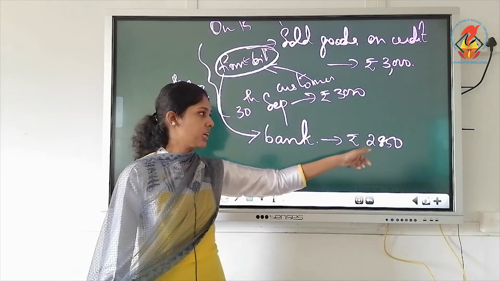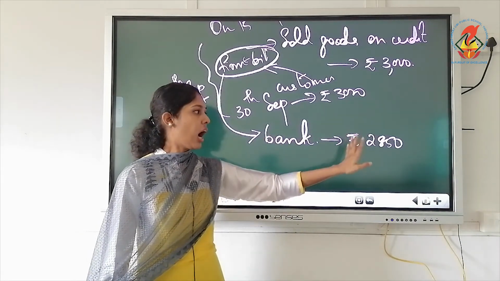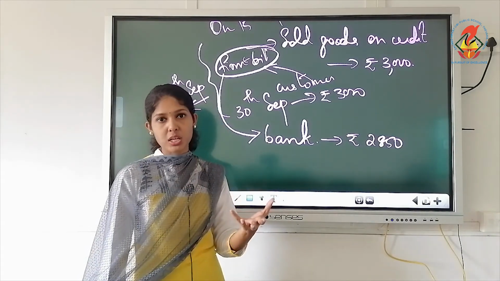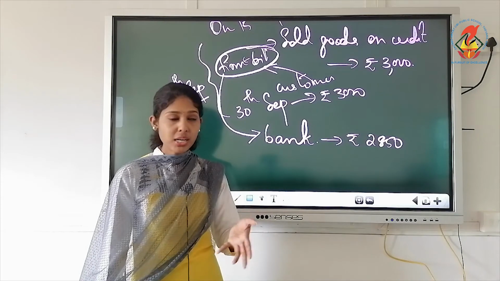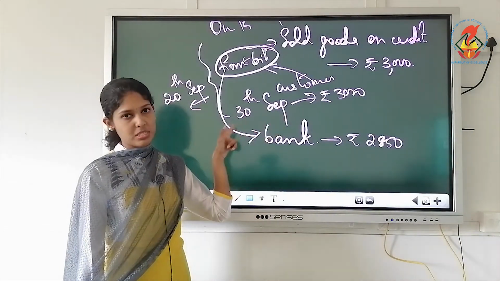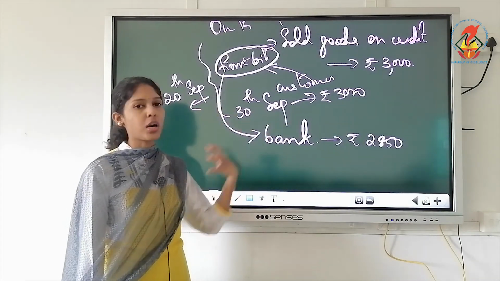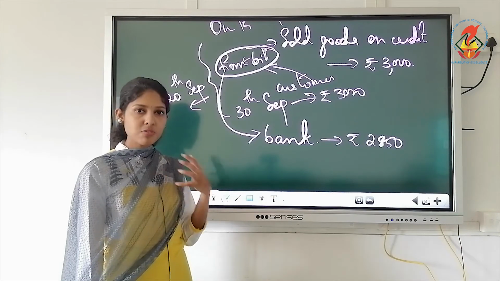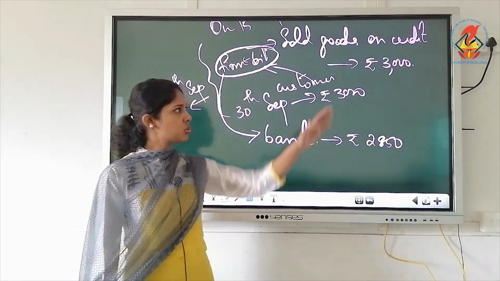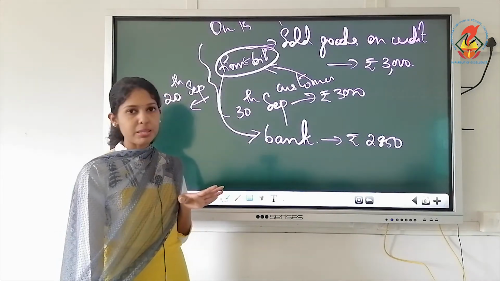Here 150 they have deducted as bank charges. After that 2850 we are getting. We are suffering a kind of loss because entire 3000 we are not getting. But much before the maturity date, the date of payment, 30th September, on 20th September we got the amount. This facility offered by the bank is called bill discounting.